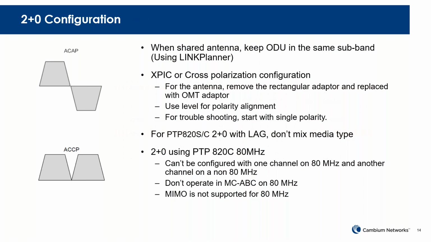And one other thing to pay attention to is with A20C NS 2+0, some customers will want to use an external switch to achieve link aggregation, running a link aggregation group from the external switch. In that case, you need to be careful not to mix the media type.